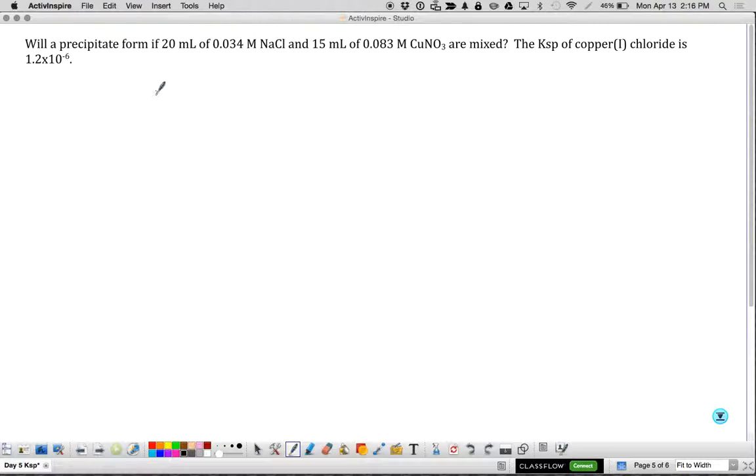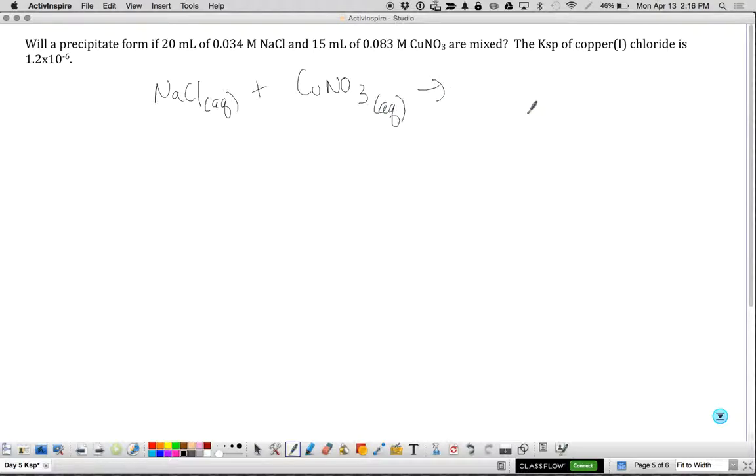So I have a solution of NaCl, which is aqueous, right? Which is really a mixture of the ions, okay? And I have a mixture of copper 1 nitrate, which is also a solution, which means it's also aqueous.